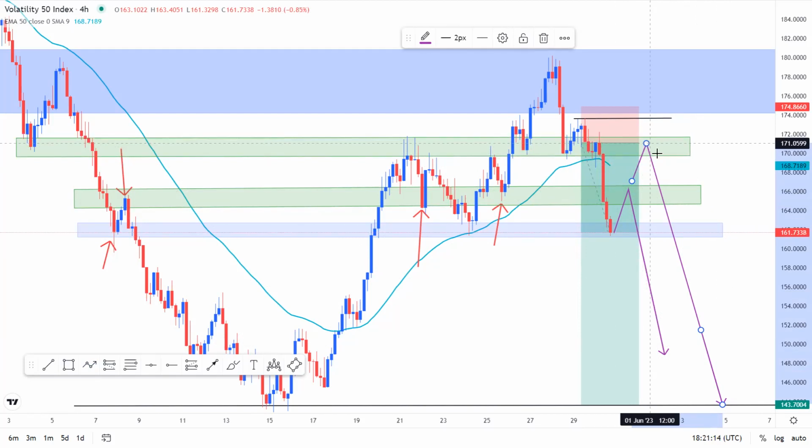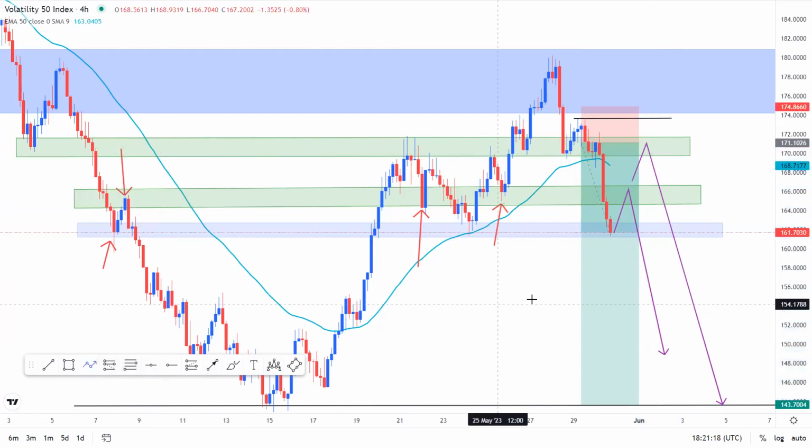Now, also, we could have price very quickly break below this level. And then as soon as we do that, the best level to potentially look for selling opportunities would then be this point right here.